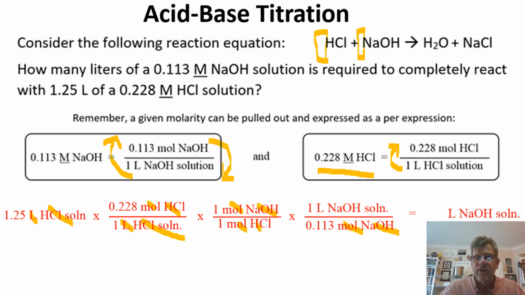And we're left with liters of NaOH solution. That is indeed what we're asking for. Then and only then do we reach for our calculator. And we come up with the number 2.52 liters of NaOH. Final answer.